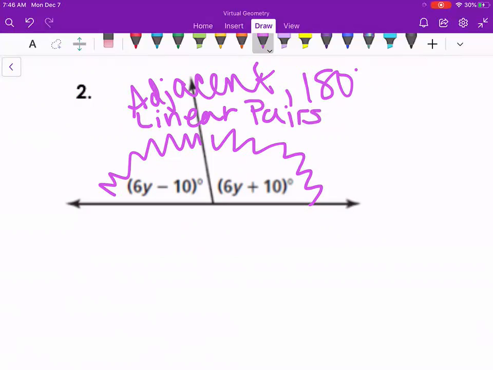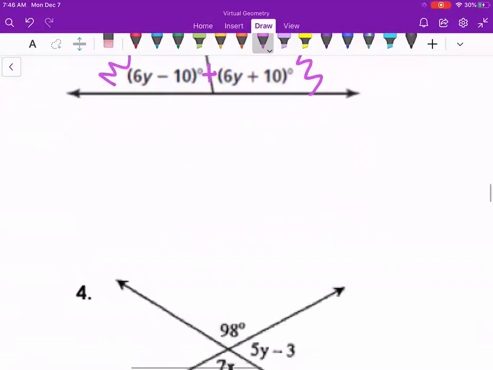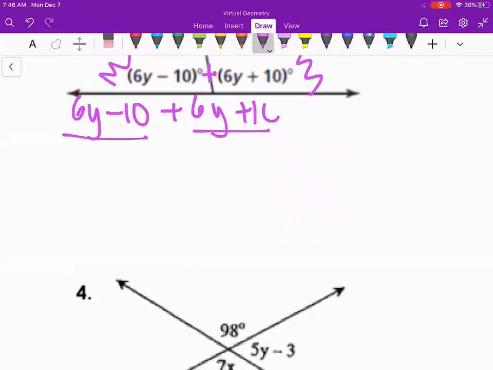So that means this time we will add them together. So 6y minus 10 plus the second one, 6y plus 10 equals 180. And now we can combine like terms.